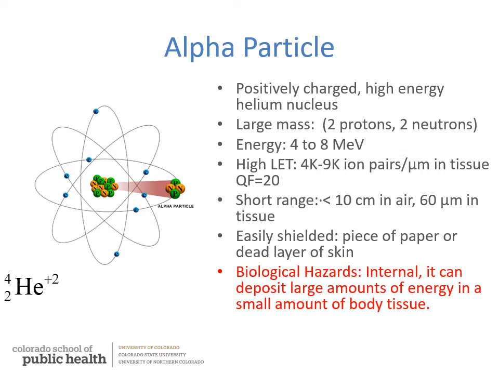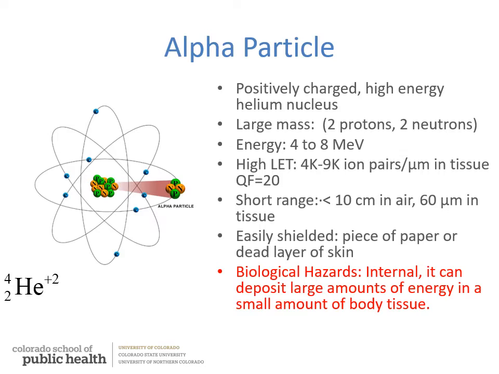Now, the flip side of that is they don't travel very far. They only travel about 10 centimeters in air on average, or 60 microns in tissue, because they'll hit something and stop. So as a consequence, these sort of particles are easily shielded. A piece of paper or dead layer of skin will protect you from an alpha particle if it hits your skin, which is, remember, our skin is all just dead cells.